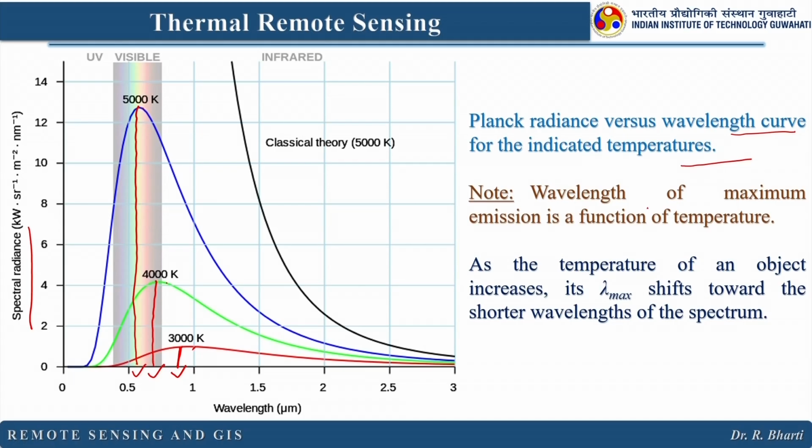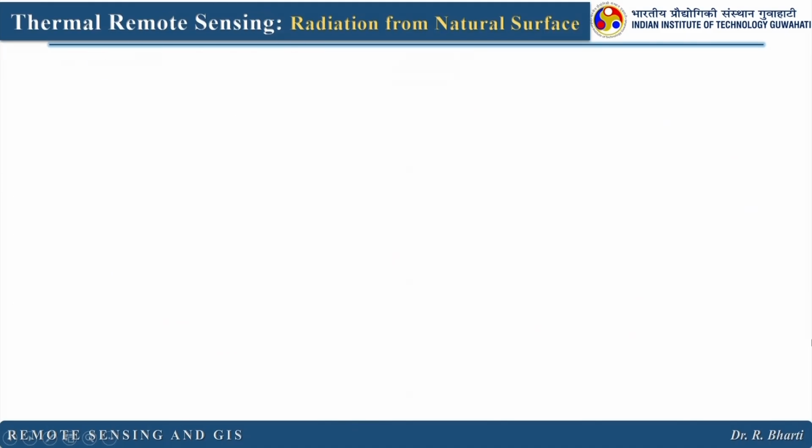Now the wavelength of maximum emission is a function of temperature. This is evident from this particular curve. So 3000, 4000, 5000, as we are increasing the temperature, the lambda max is shifting to the left side. As the temperature of an object increases, its lambda max shifts towards the shorter wavelength of the spectrum, that I have already explained. I hope this is very clear to you, right.